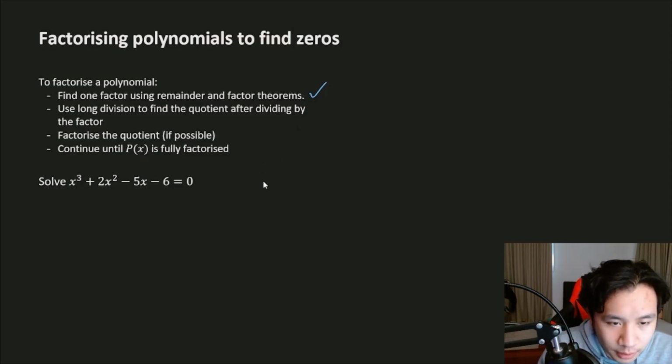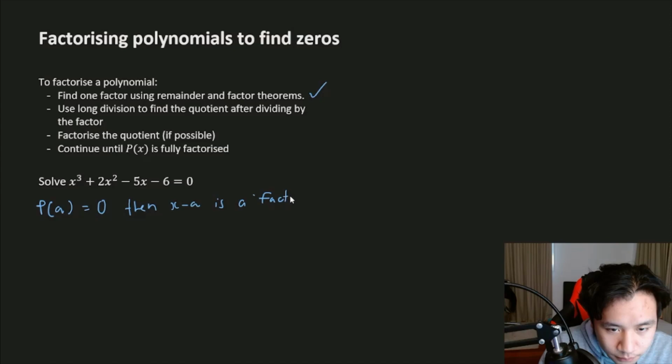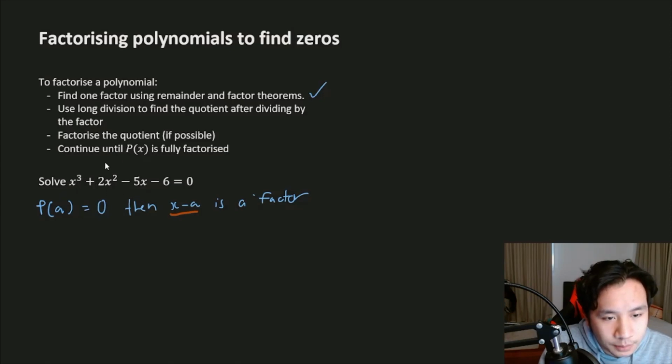What you really need to do is find a factor. And from factor theorem, I know that if p of a is equal to 0, then x minus a is a factor. And so how do we find this a to sub into this polynomial?